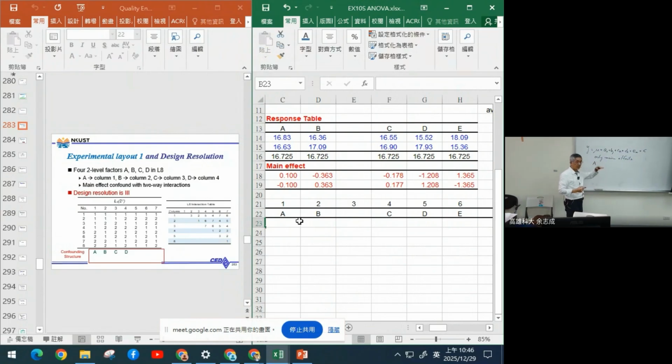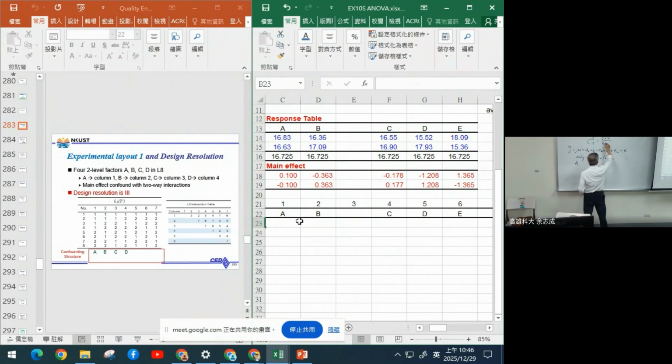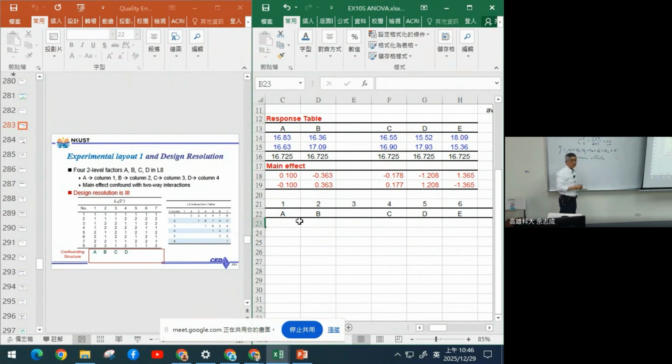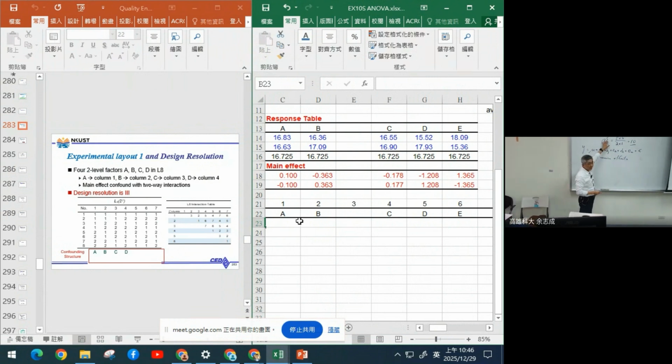A, B, C, D, E. So there will be C 5 by 2, 10 combinations. Every 2 combinations will be combination 5 by 2, which is 10 combinations.